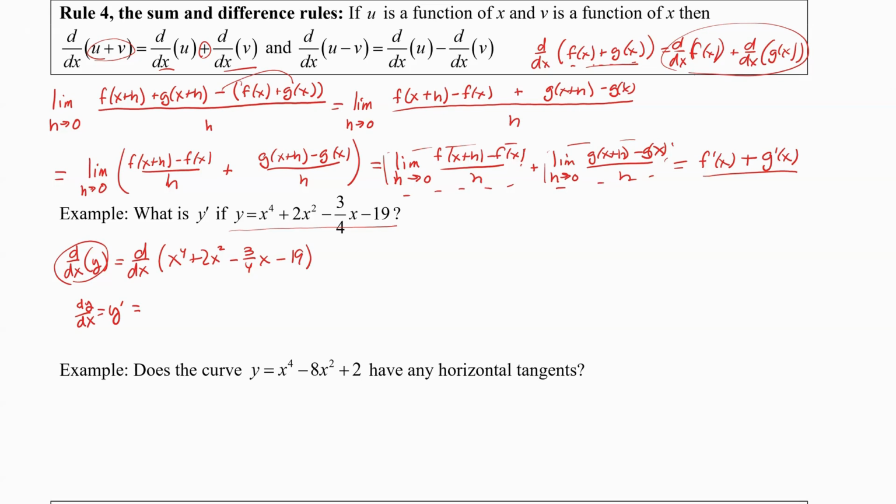What about subtraction? Oh, I forgot to talk about the subtraction rule. The subtraction rule is also here. How different is the subtraction rule?